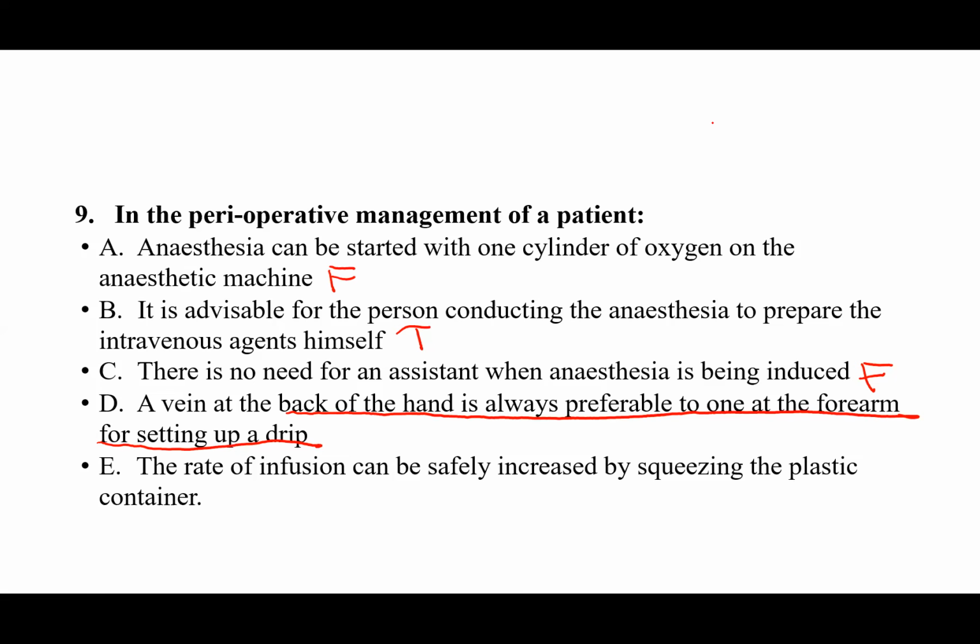The one in the forearm, it has bigger flow, more flow, okay? Less prone to vasoconstriction. In fact, when you are resuscitating patients in shock, it's preferable to use both antecubital veins because of their caliber. They have bigger caliber, bigger flow rate, less prone to constriction.